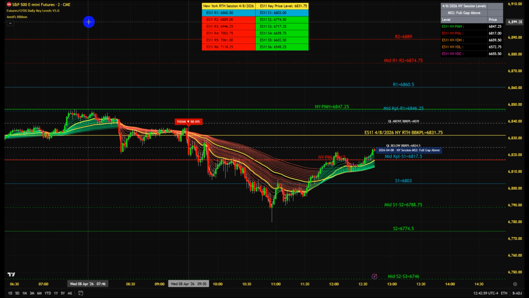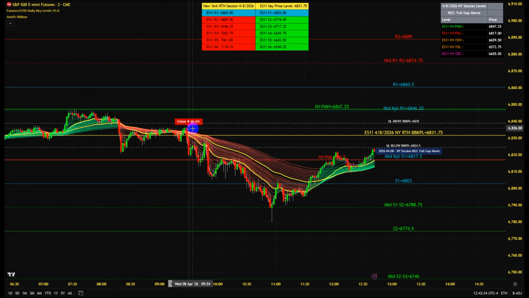So the idea of using the ribbon is to help confirm the bullish or bearish entries given by the daily key levels indicator, either bullish entries for candle closes above any of the main key levels or the main contextual key levels, or bearish entries for candle closes below any of the main key levels or any of the main contextual key levels.